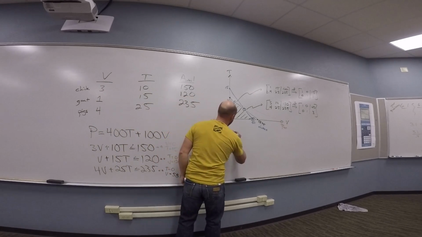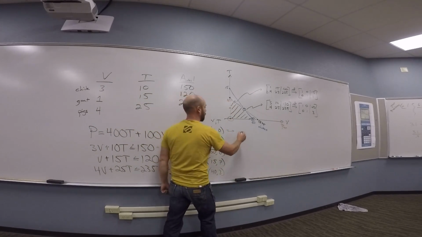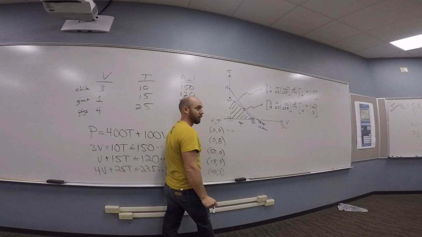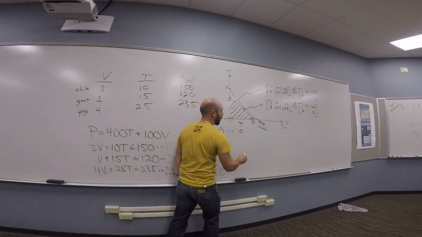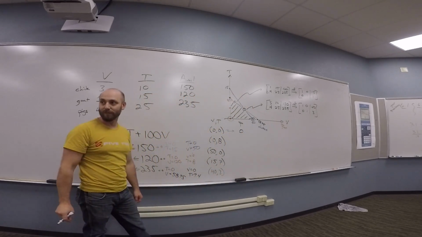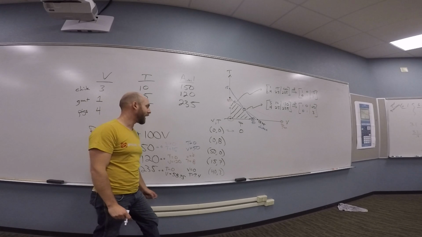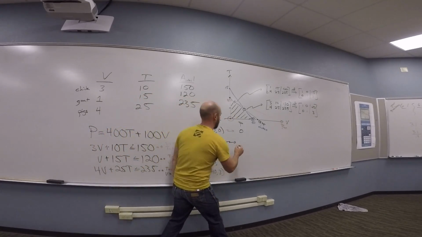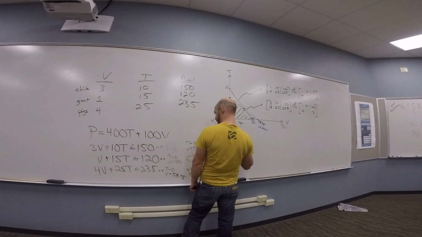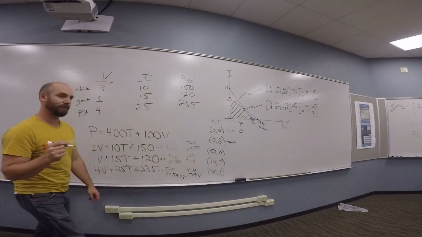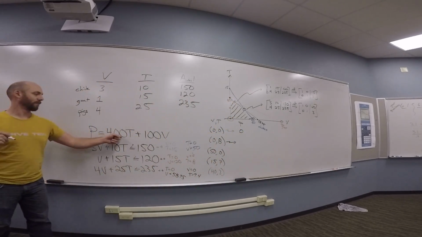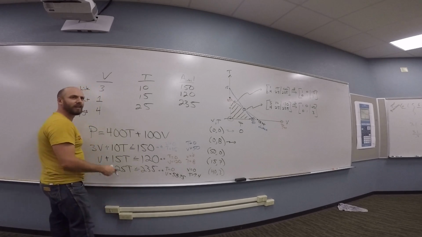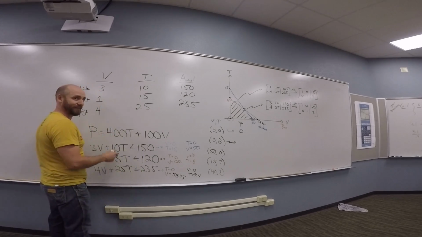So profit at 0,0 is 0. Big surprise, that's not your maximum. Profit at 0,8 is 3,200.